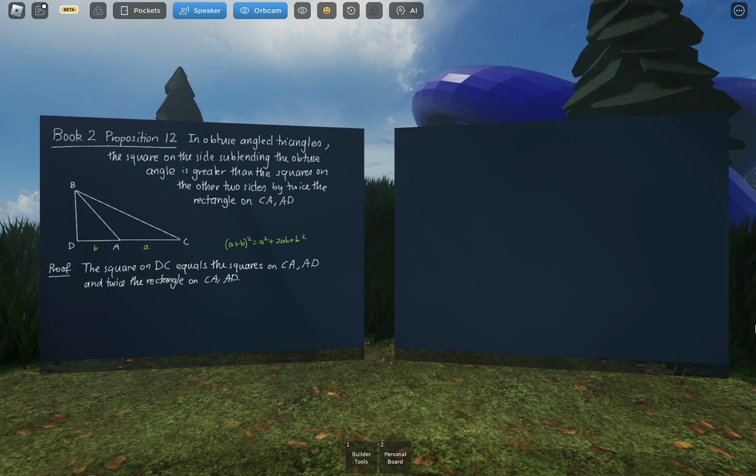That's, as I said, but the square, sorry, so add the square on DB to each.